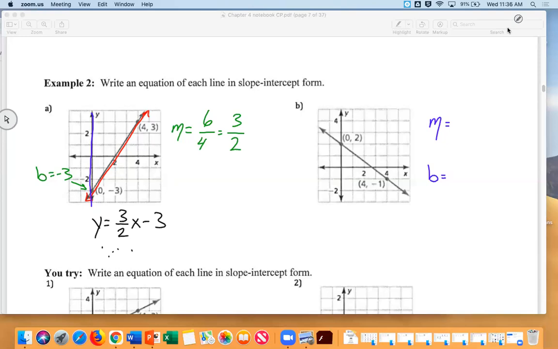So where does my line cross the y-axis? Let's go with that easy one. So where does my blue line cross the green line, my y-axis? What number, Grace?